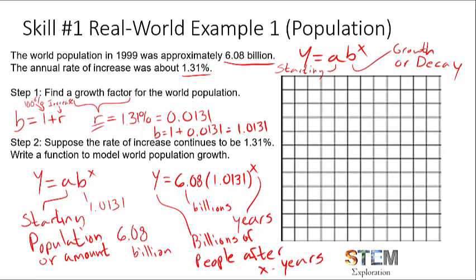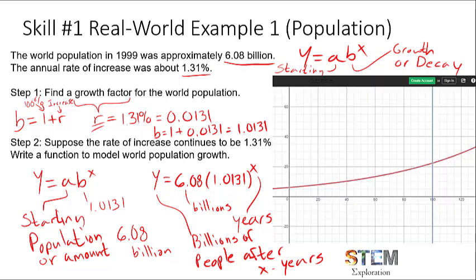And so now we can take something such as this, plug it into Desmos, use other graphing capabilities, and represent this particular function. All right, and so what you can see here, if we plug this data into Desmos, is that we have 6.08 billion right here.